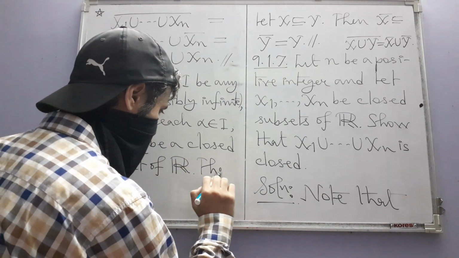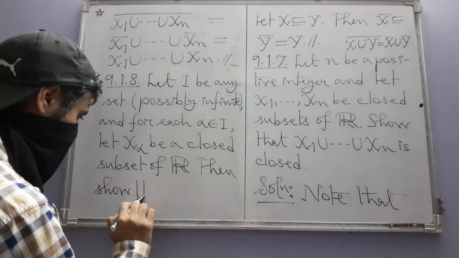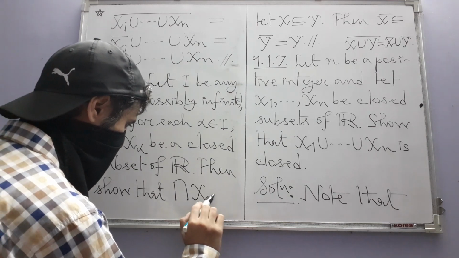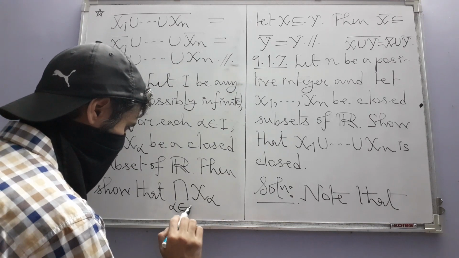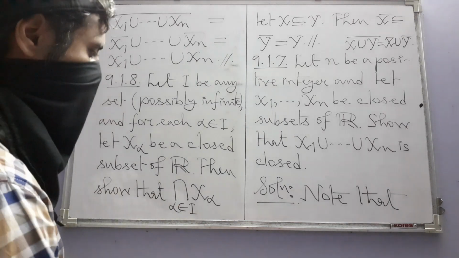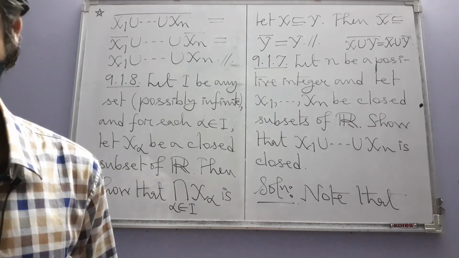Then show that the intersection of all the elements in that family, that is all the closed sets, is itself a closed set.